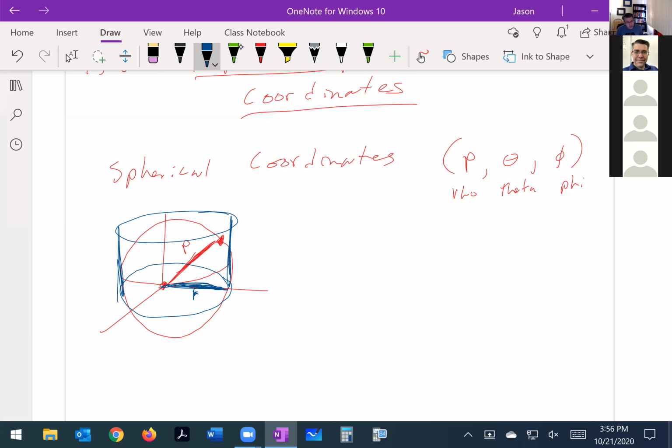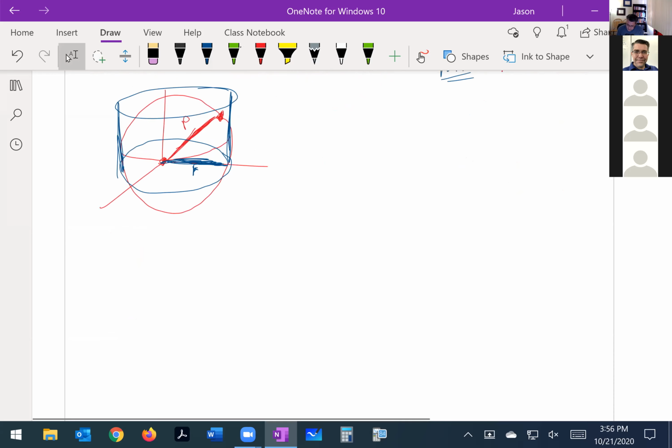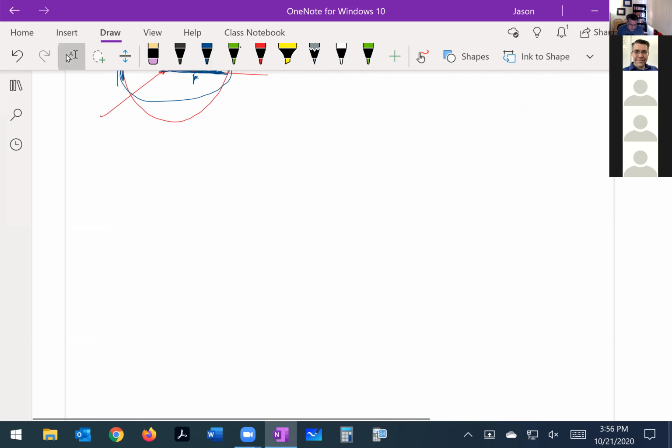Just think of P as the radius. We're not going to use R because we use R for something else later on. Hopefully it makes sense. It's clear as mud.